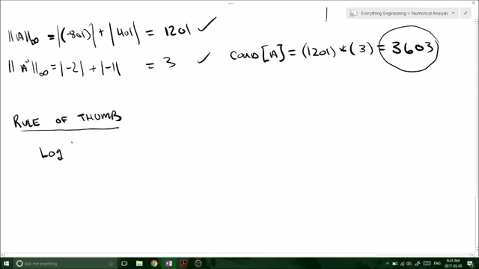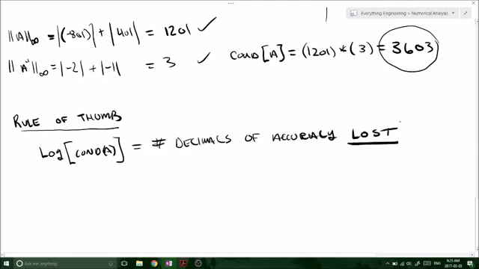If we take the log of the condition number of a matrix, this gives us the number of decimals of accuracy lost. Right, so you can see obviously why we want the condition number closer to 1, because then we're only losing 1 decimal of accuracy. So obviously the larger the condition number, the larger the log of the condition number, and then that will increase the number of decimals of our accuracy that we're going to lose.